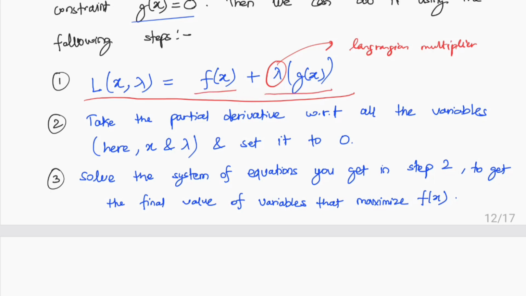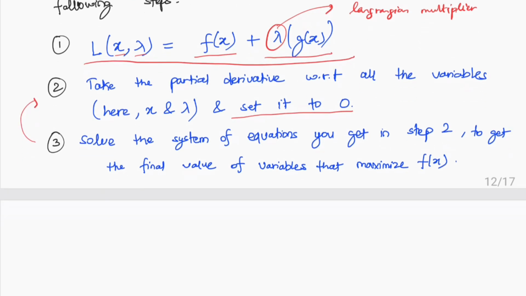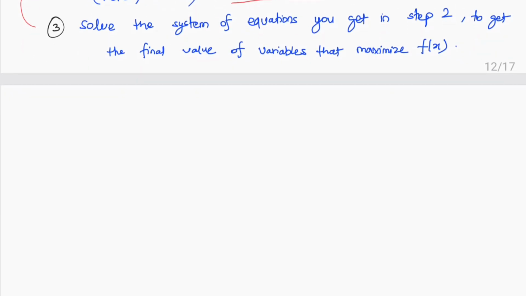In the second step, we do the partial differentiation with respect to x and lambda and set it to 0 so that we can find the values of x and lambda. Then solve the system of equations that we get from step 2, and finally we can get the values.